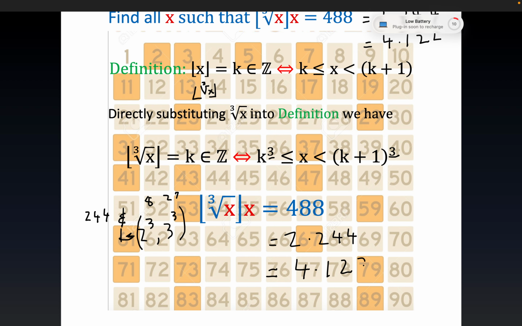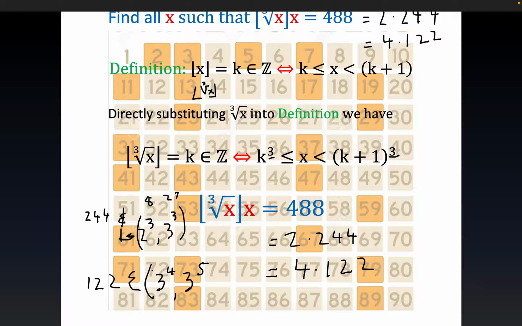Now notice off to the side here, 122 is in the interval from 3 to the 4th, which is 81, to 3 to the 5th, which is 243.